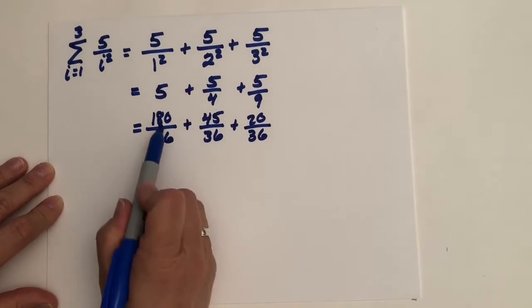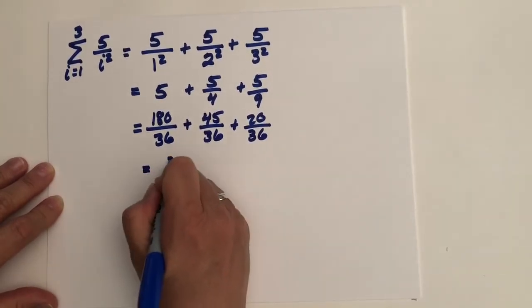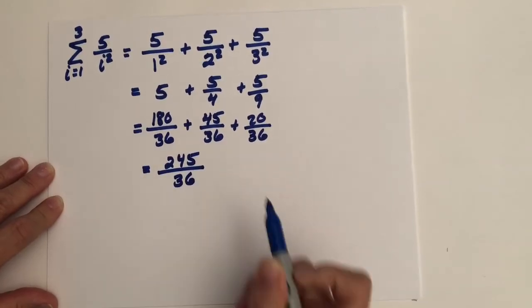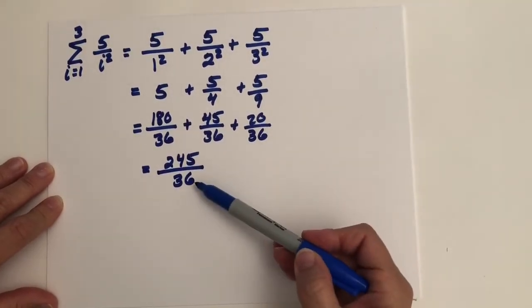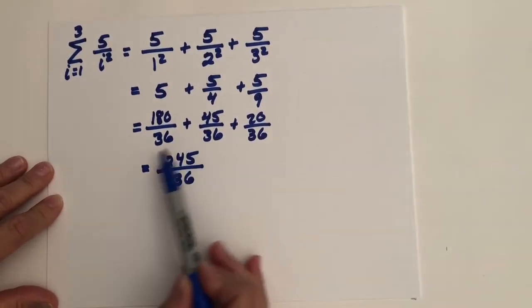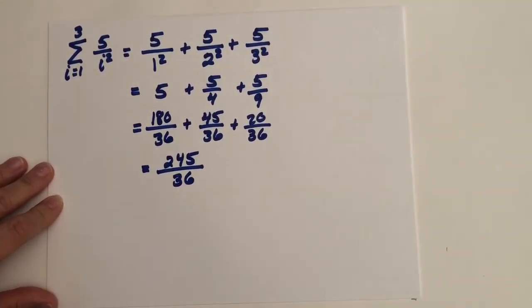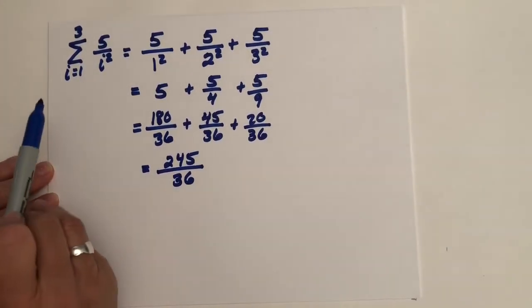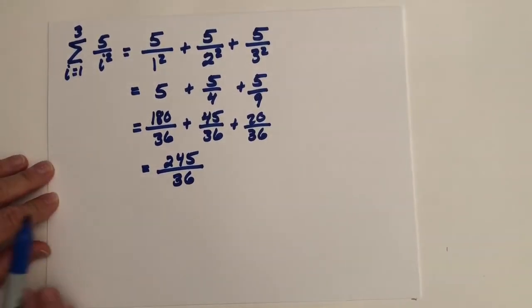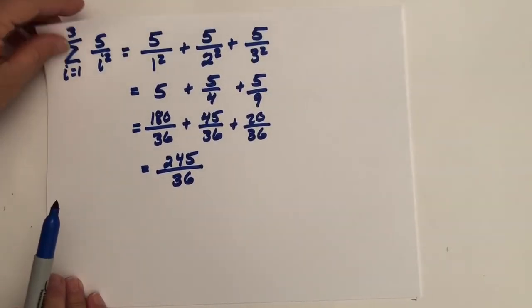So we would have 245 over 36. Let's see, factors of 2 and 3 go into 36, but neither 2 nor 3 goes into 245, so I can't reduce it. So the sum of 5 over i squared from i equals 1 to 3 is this sum right here. Let's do another one.